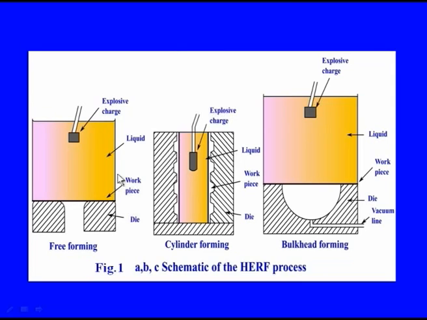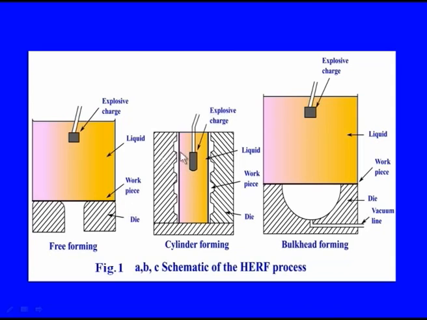So, this is the underwater tank, and this is where the explosive charges are put and will be detonated later on. This is the workpiece or the plate to be shaped. This is the part of the die.